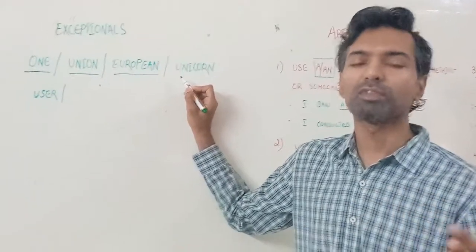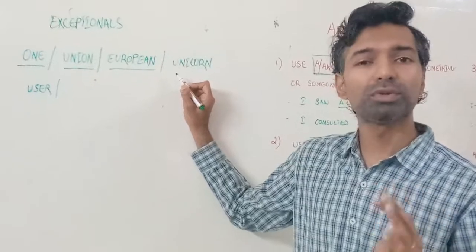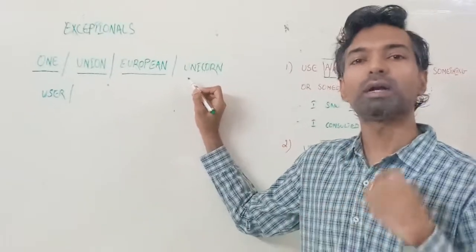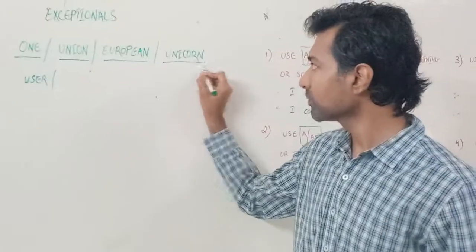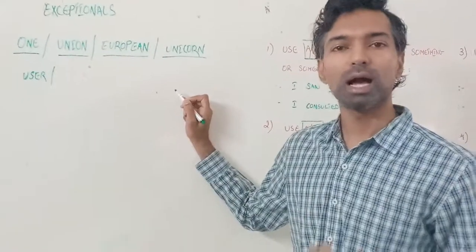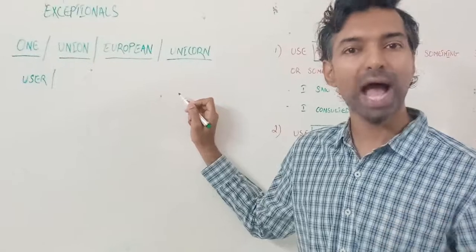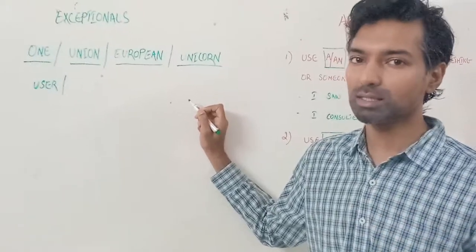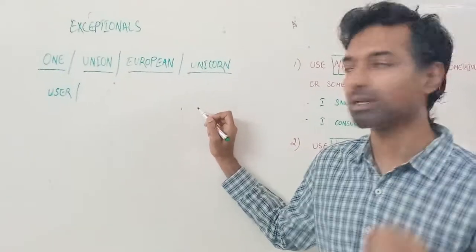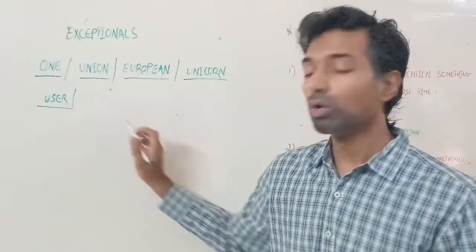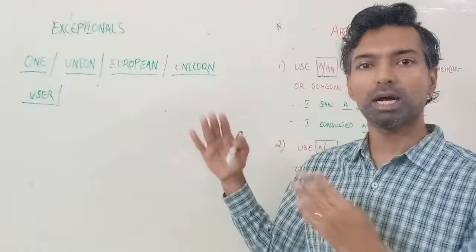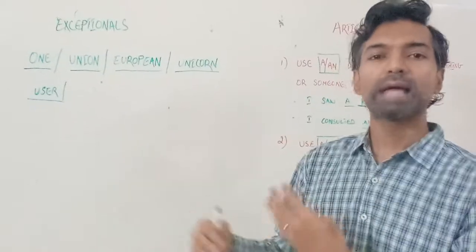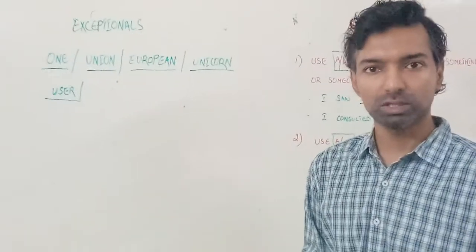So that's why we don't use these words in association with the article an. Unicorn, again year, Y. So again it sits with a consonant, that's why no article an. Last but not the least, user, again year. So almost W and Y kind of words were brought into the picture.